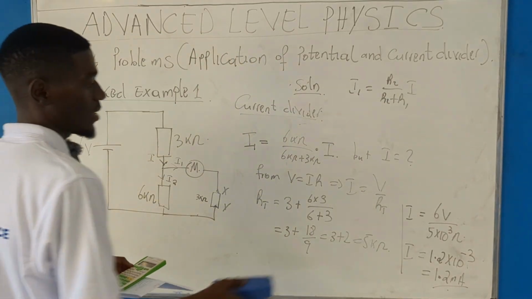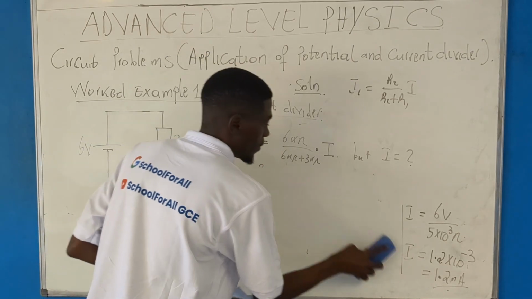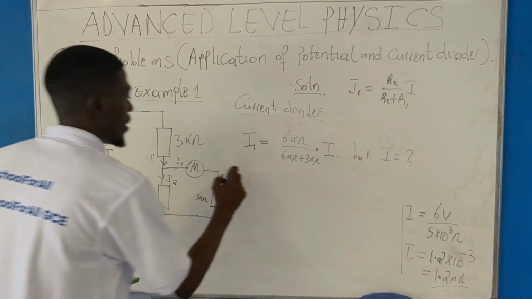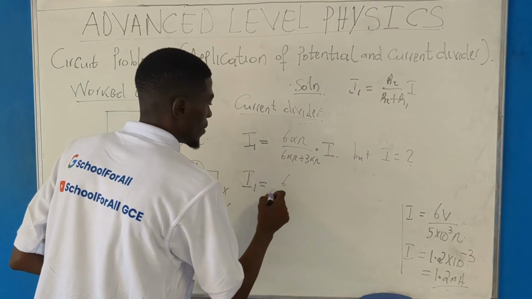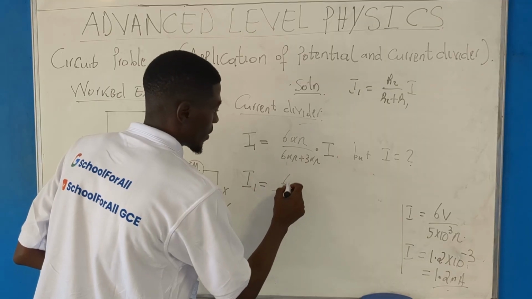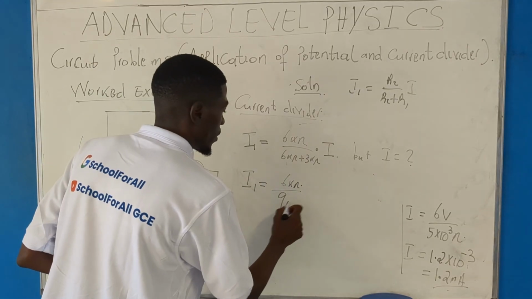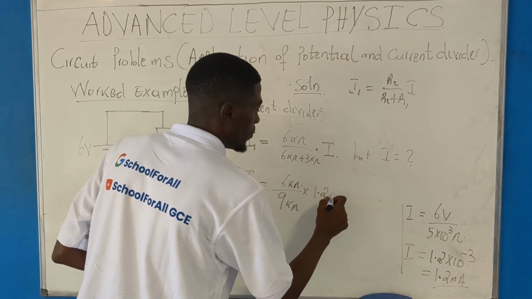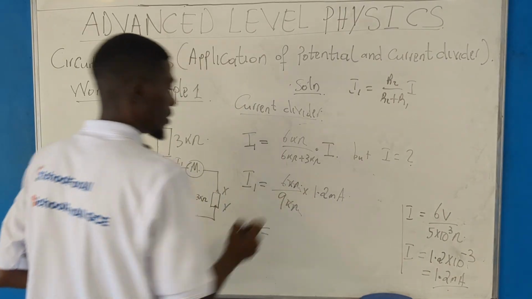Now with the value of I, we can rapidly find out the current flowing through the ammeter, and that current is I1. It will be simply equal to what? 6 kilo ohms all over 6 plus 3, 9 kilo ohms times the current, which is 1.2 milliamperes. Now kilo ohm cancels with kilo ohm.